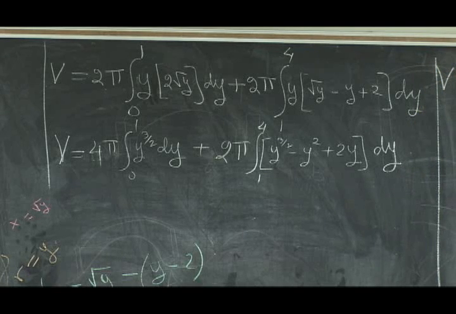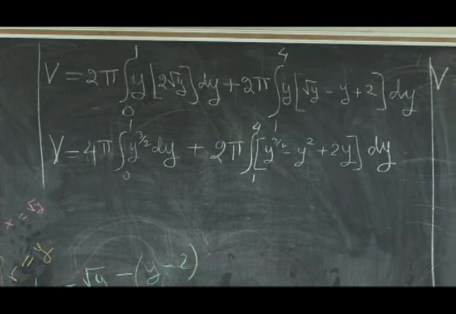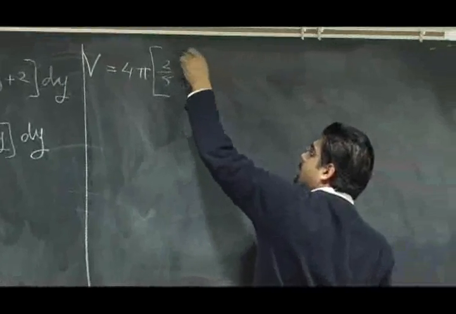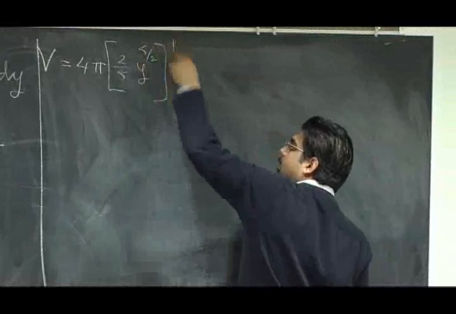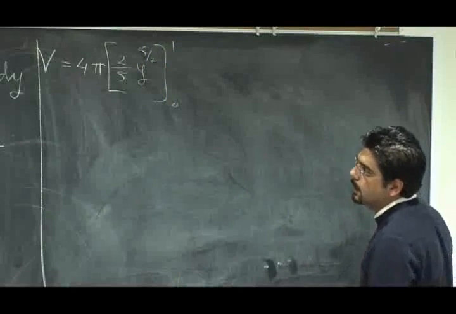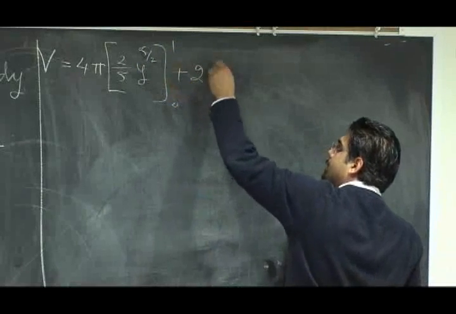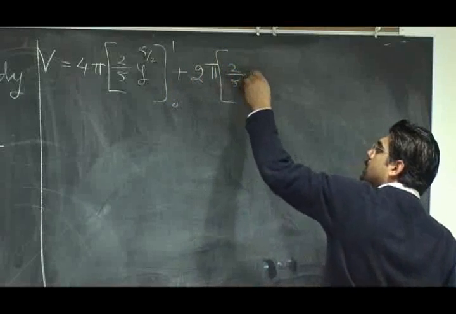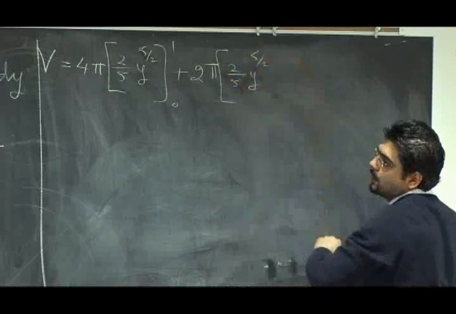So V equals 4 pi, the antiderivative is 2/5 y to the 5/2, evaluated from 0 to 1, plus 2 pi, the antiderivative is again 2/5 y to the 5/2.